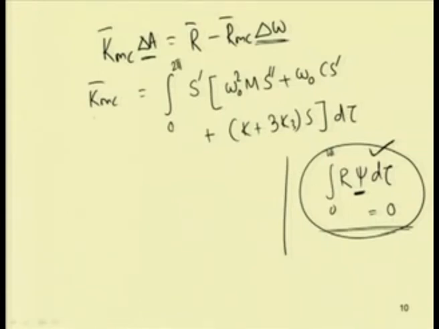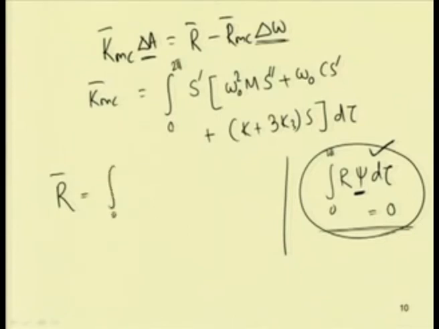Here k m c bar equals s dash into the residue part. In this residue part, the weighting function s is multiplied and integrated over the cycle, and one can get r dash also in this form.